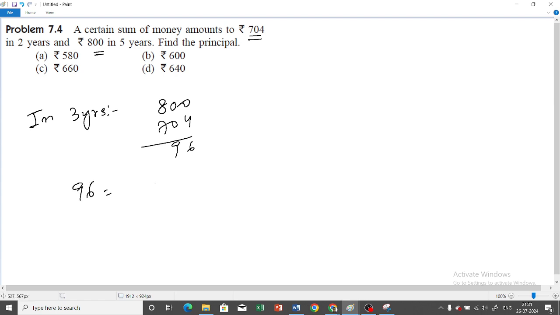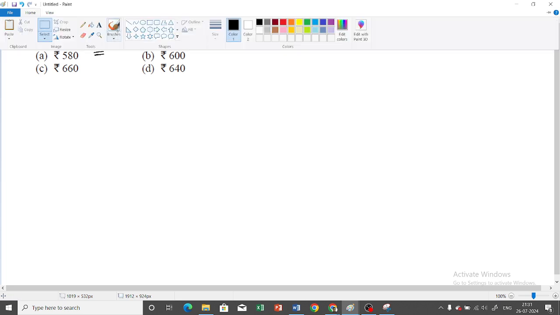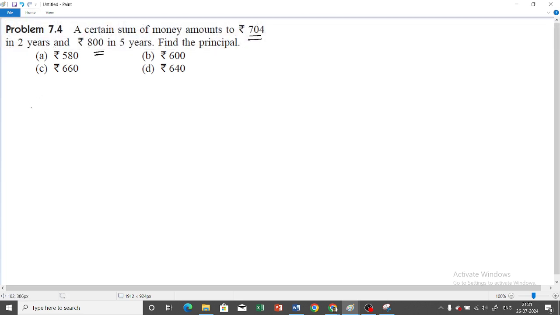So this 96 is the SI, that is SI is equal to P. You can actually break it into parts. Sir, answer is 640. 640, right?